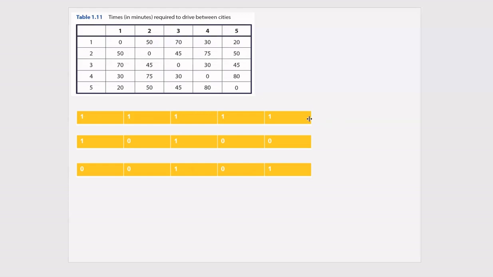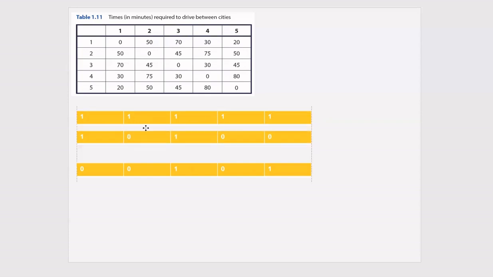Here the objective function value is 5. It's asking you what is the minimum number. So the number of facilities you make is the objective function value.